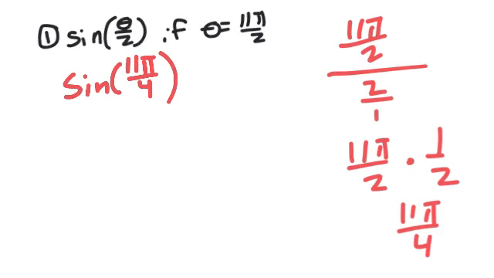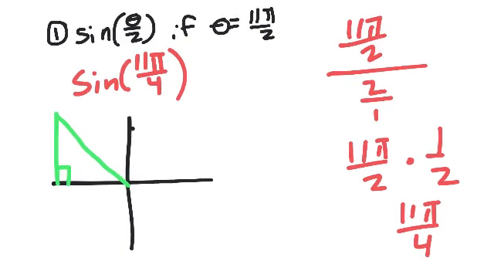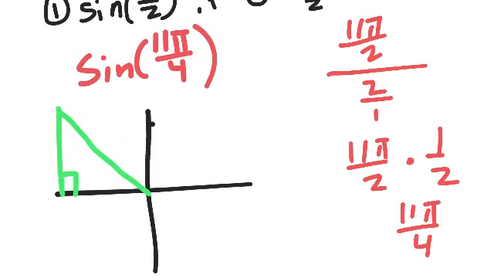So if I were working this out, 8 pi over 4 is the same thing as 2 pi, so that's a full revolution. So this would be 9 pi over 4, 10 pi over 4, 11 pi over 4. Puts me here in the second quadrant. I know when I'm rotating by pi over 4, those are 45-degree increments. So I have rotated an extra 45 degrees, which means my central angle, or my reference angle, is also 45 degrees.